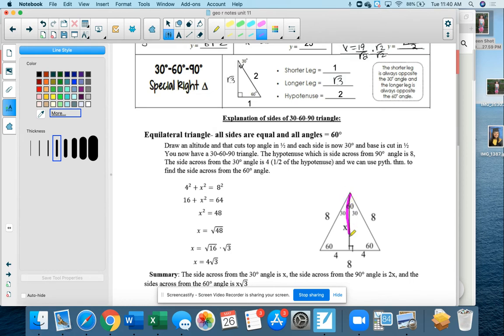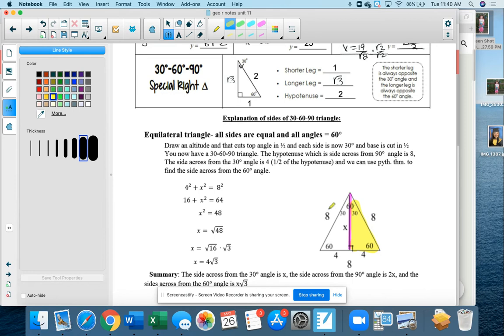This altitude divides the triangle into 2 separate triangles. Remember, in an equilateral triangle, each of these angles was 60, but now I've cut that triangle in half by the altitude. I now have a 30, 60, 90 triangle right here that I highlighted in yellow for us.